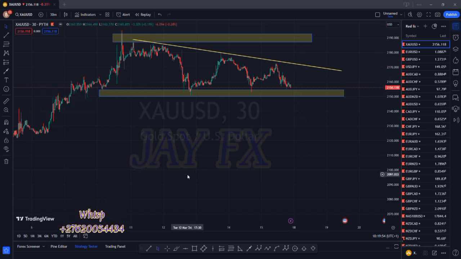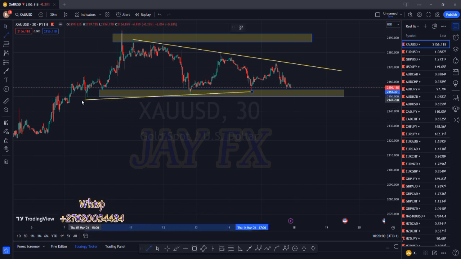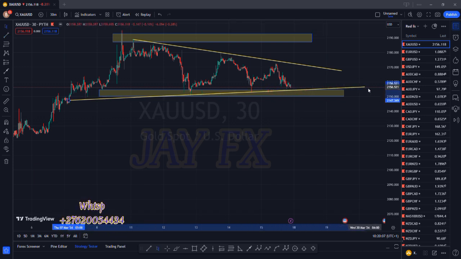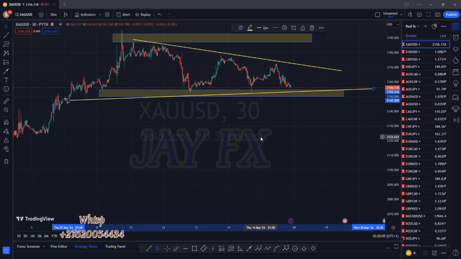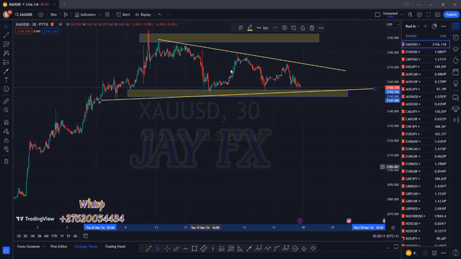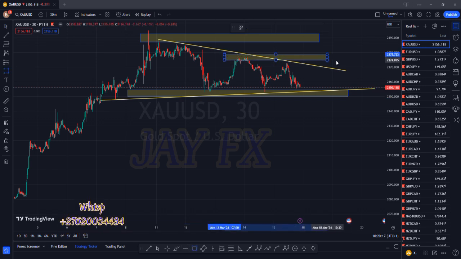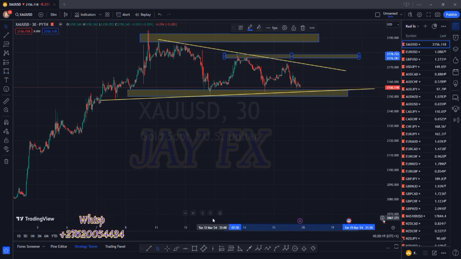So what's going to happen? Actually, we're going to ask the trend line again what it says about this. So this is our trend line. We must ask our trend line what it says about this. If you remember, previously we realized that we have this zone ahead, which is resistance.